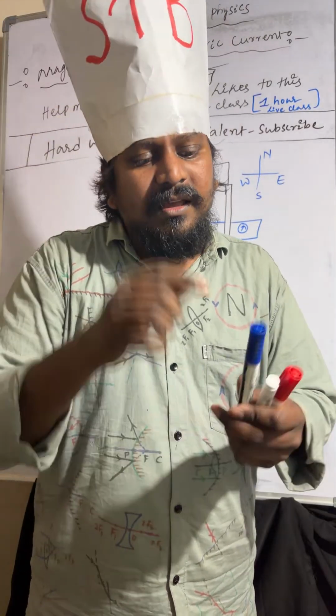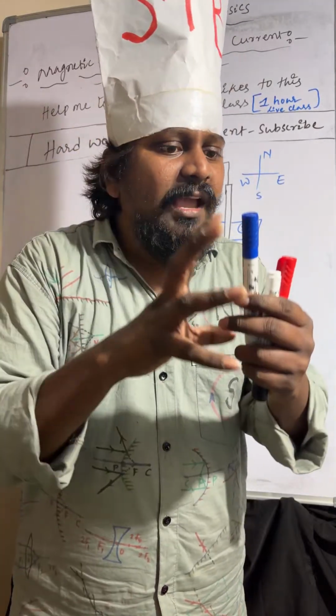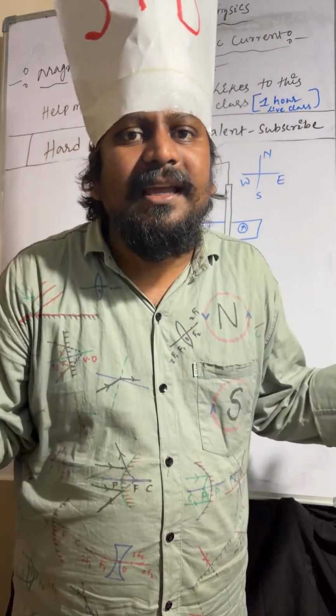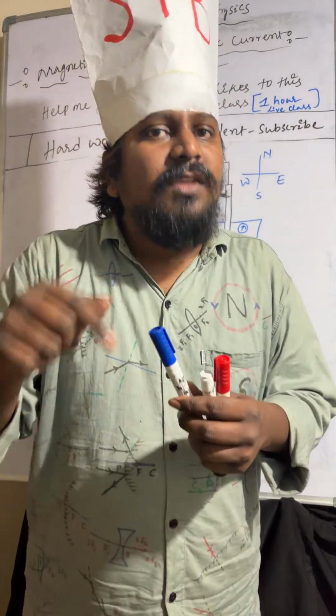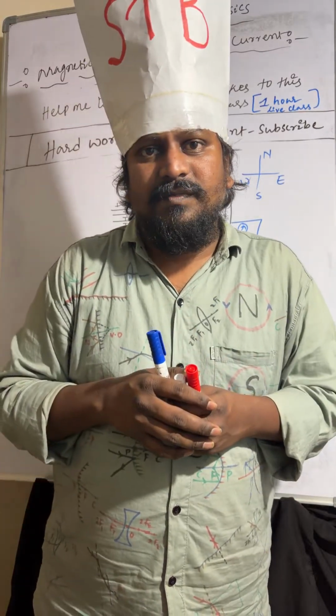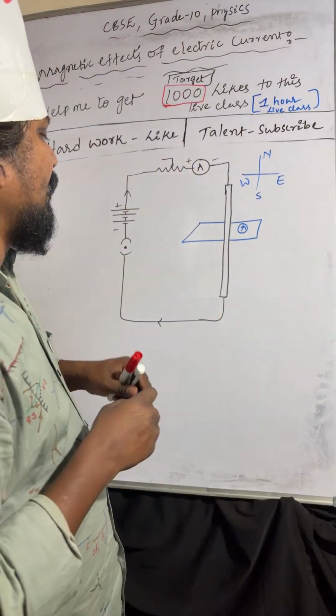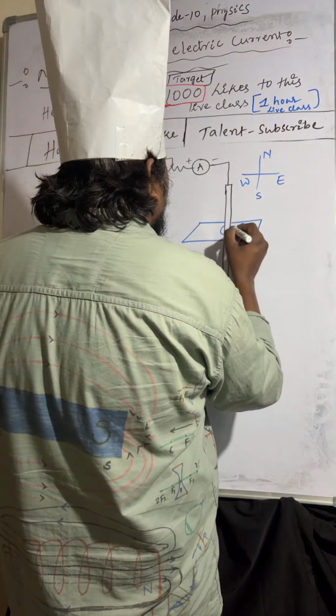If current is passing through it, it produces the magnetic field around it. Yes or no? Here you can observe, by using a compass we can identify it.